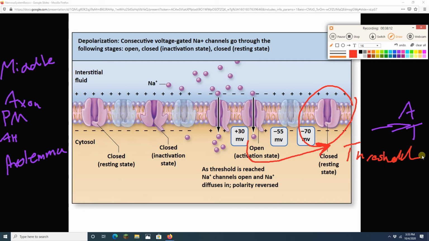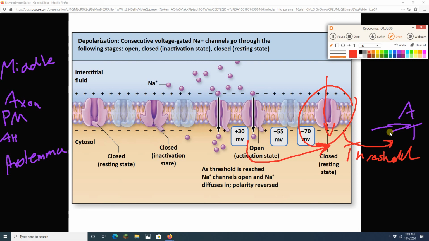And once that happens, what's this guy going to do? He's going to open up. And sodium's going to rush in. And then that sodium's going to spread. And we're going to depolarize and open channels to the next spot. And then the next spot and the next spot.